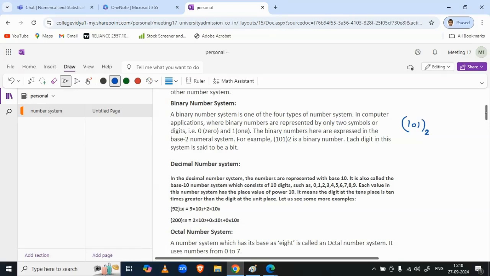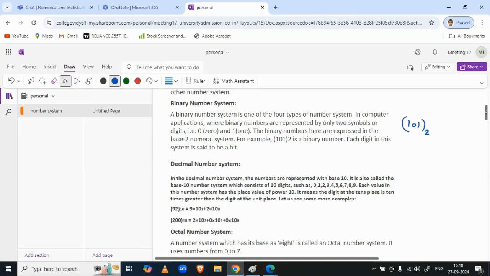The next number system is the decimal number system. In the decimal number system, the numbers are represented with base 10. It is also called the base 10 number system, which consists of 10 digits, 0 to 9. Each value in this number system has a place value that is a power of 10.